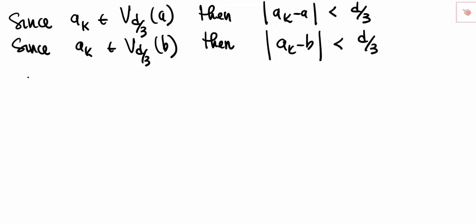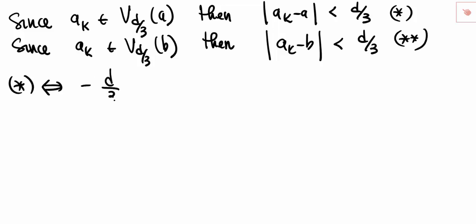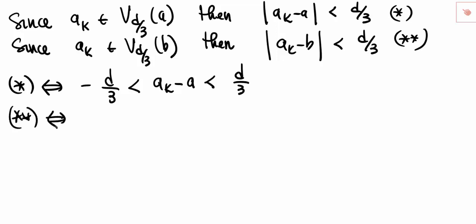Now, if we call this here star and this double star, star is equivalent to negative d/3 being less than a_k minus A, which is less than d/3, and double star is equivalent to negative d/3 being less than a_k minus B, which is less than d/3.